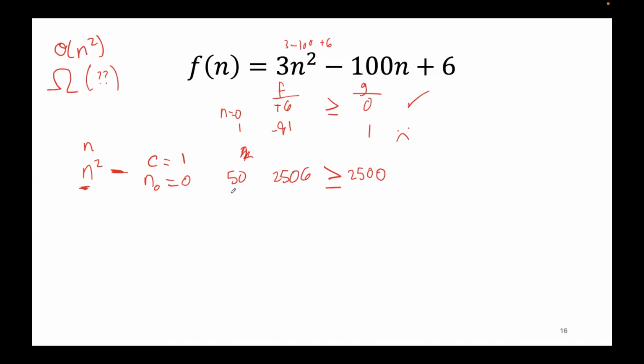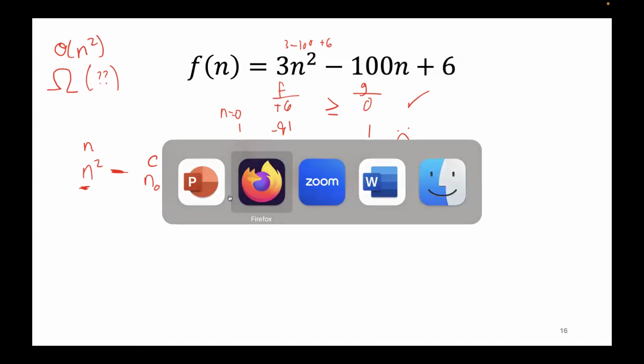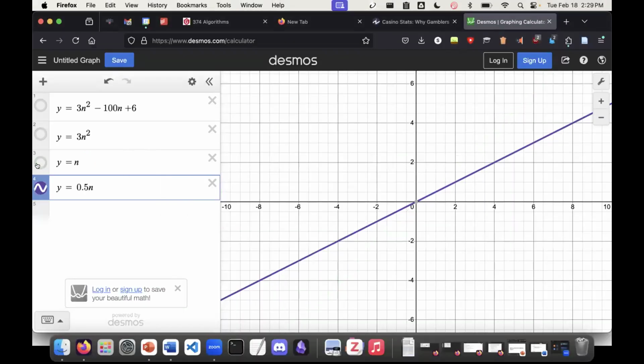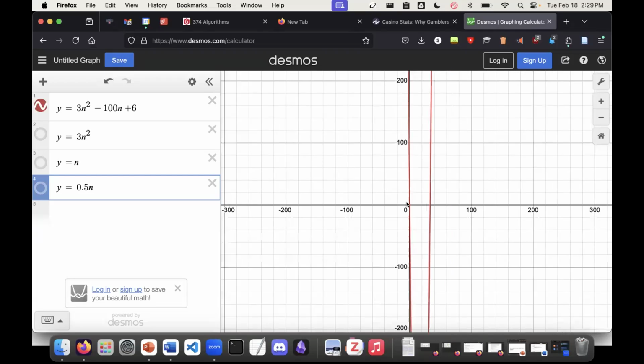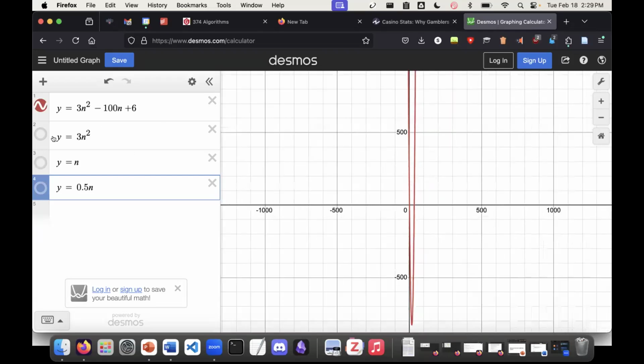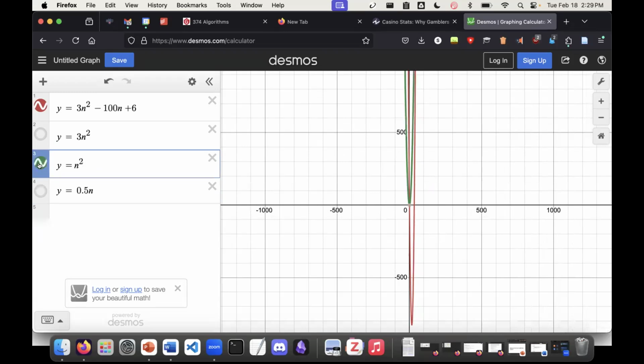And now the thing you would do is you would convince yourself, you look at 51 and ask, is this also going to hold for 51? And this can be helped by looking at the actual graph of the function, if we go back to Desmos or your favorite graphing calculator, and let's look at n squared.